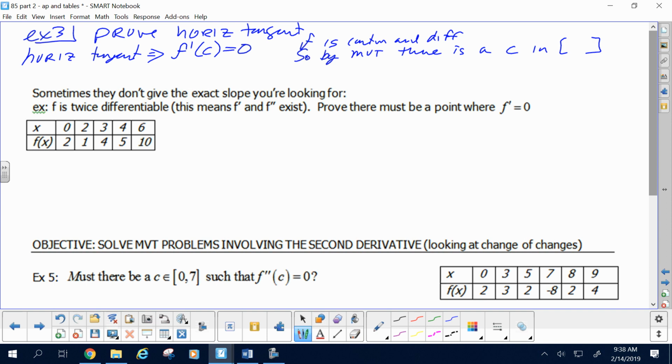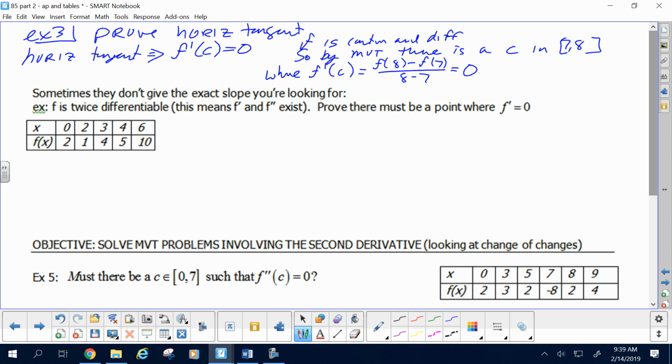Where is there an interval? 7, 8? 7, 8, sounds good. And 7, 8, where f prime at C equals f at 8 minus f at 7 over 8 minus 7, which is 0.